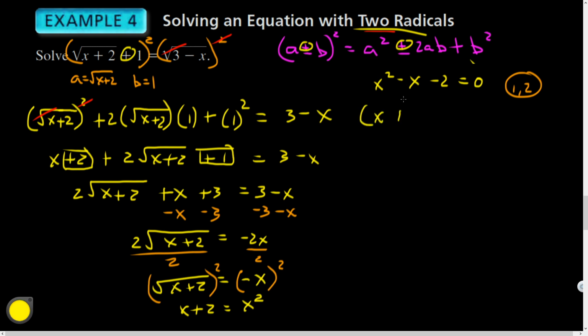So I'll have an x with a 1, an x with a 2 equals 0. And let's see, they have different signs, and the bigger had to be negative, because 1 take away 2 would give me the negative 1 there. Split them up. Set each one equal to 0.